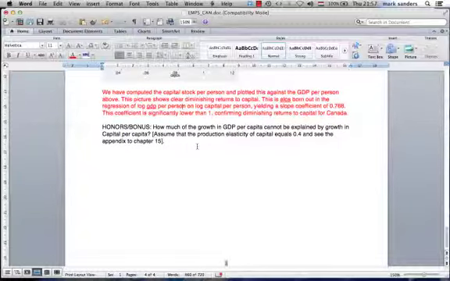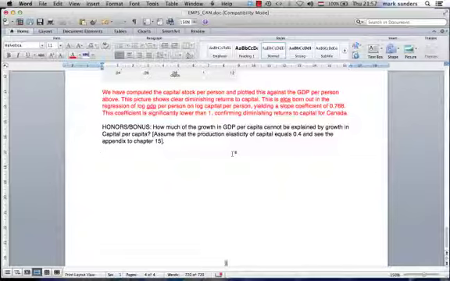Okay. So now, in the honors or bonus question, the question is how much of growth in GDP per capita cannot be explained by growth in capital per capita? Assume production elasticity of capital equals 0.4 and see the appendix to chapter 15.